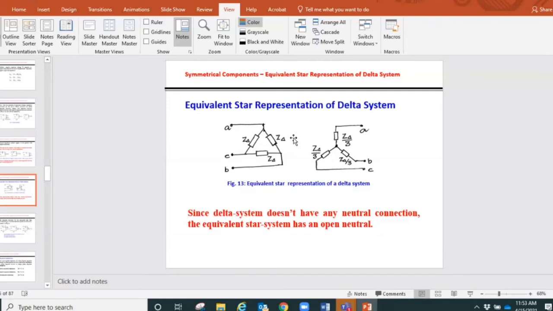I'm sure you will be able to find that out by yourself. How you do that, I showed in third year. So we have this Z delta over 3 when we draw the diagram for a delta-connected system as a star which is equivalent to that delta.